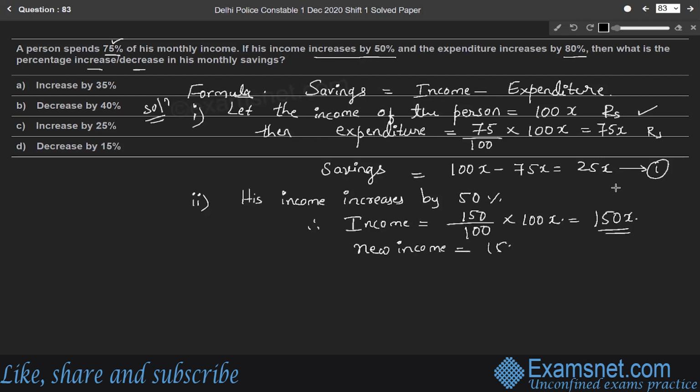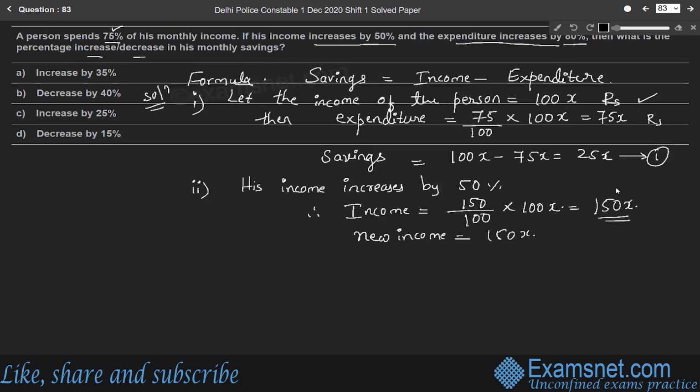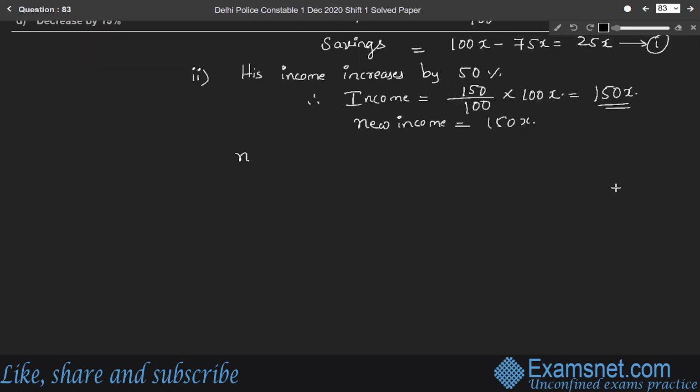New income is 150x, right? Also in the question, expenditure increases by 80%. So the new expenditure increases by 80%: 100 becomes 180.